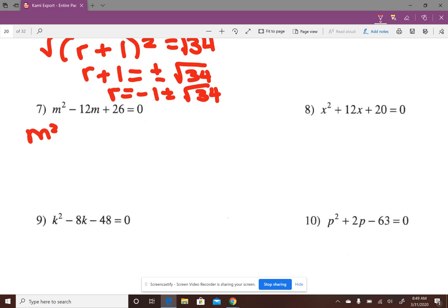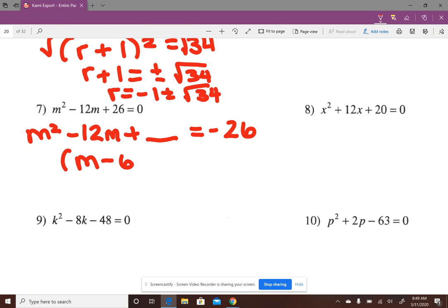All right, m squared minus 12m plus something equals negative 26. Half of 12 is 6. Now this is going to be a minus 6 here because that's a negative 12. And this is going to be 36.